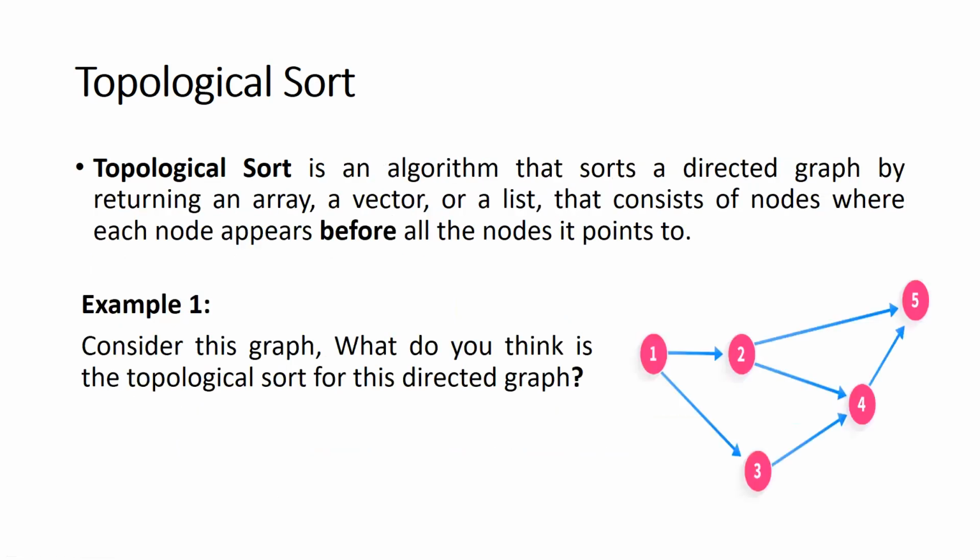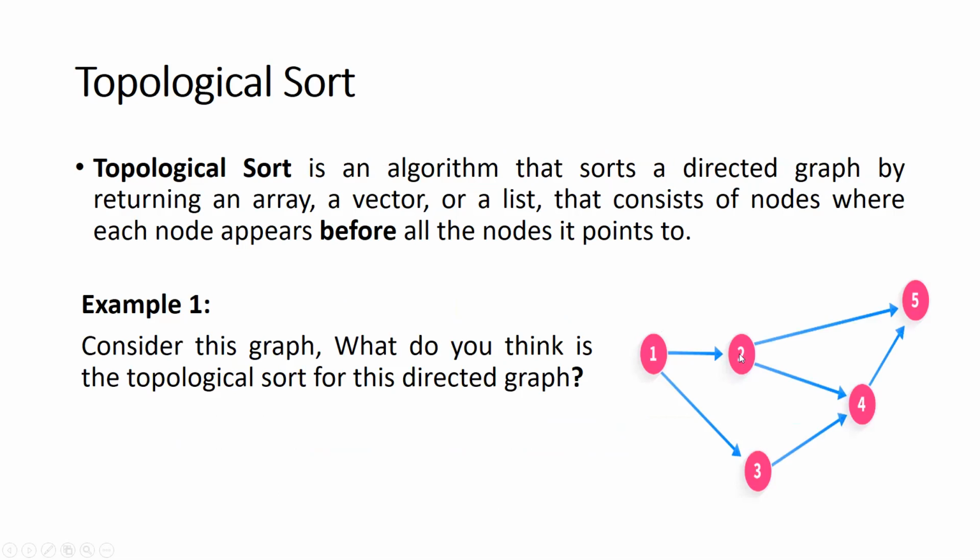Okay, let us look at this example. Consider this graph. What do you think is the topological sort for this directed graph? We will start with the first node, which has no incoming edges, yes. So 1, then we can choose between 2 and 3.